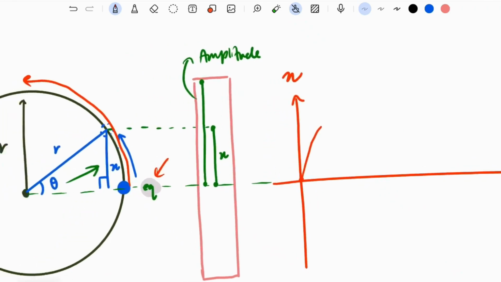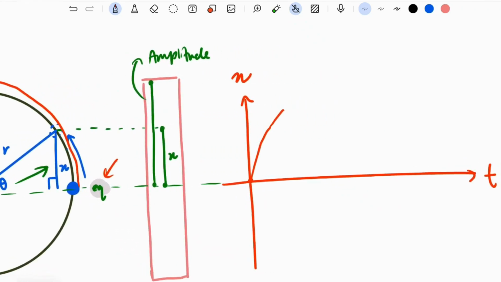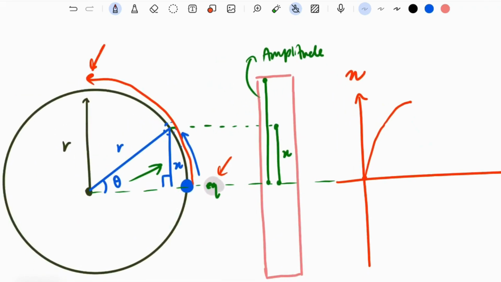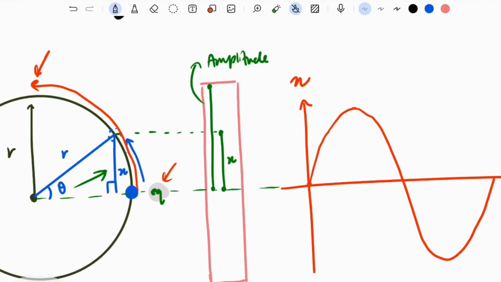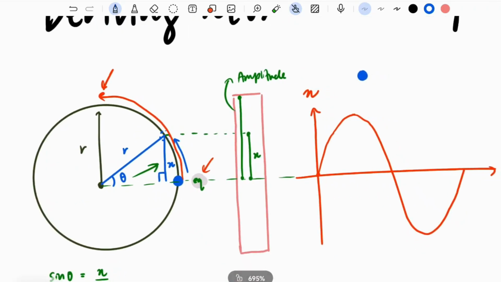Then after a certain time, I said it reaches this position. Then it's going to reach the highest point, this is the highest point. Then it's going to go down, and come back up. I'll show you the motion. Let me draw the blue dot here. Initially, the blue dot was here, then it goes up to this position.